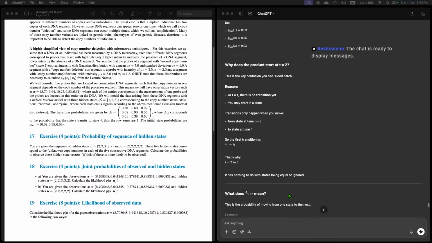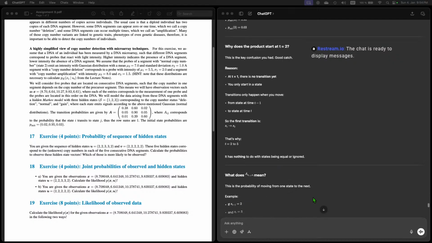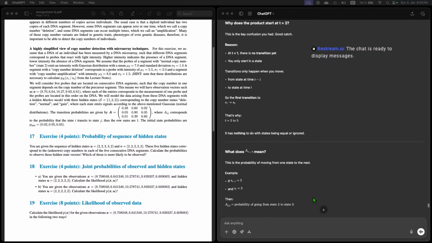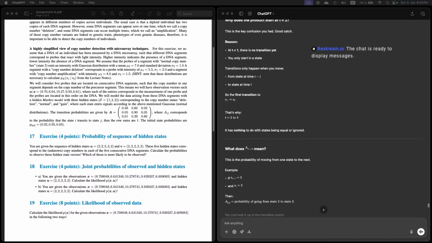What does A mean? This is the probability of moving from one state to the next. Then the probability of going from state 2 to state 3.